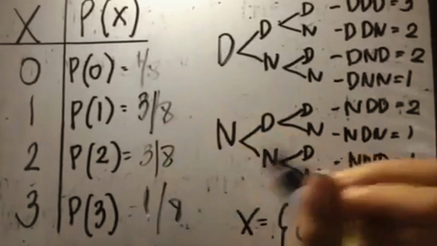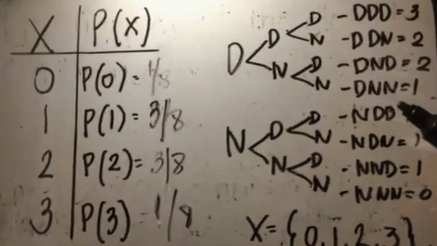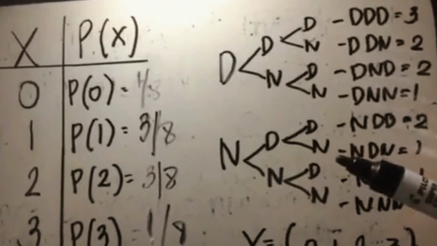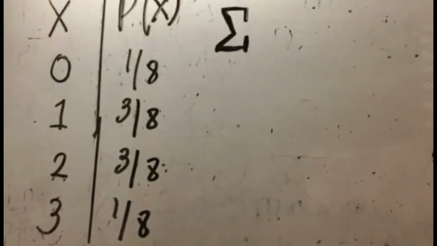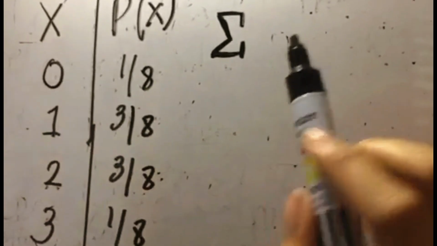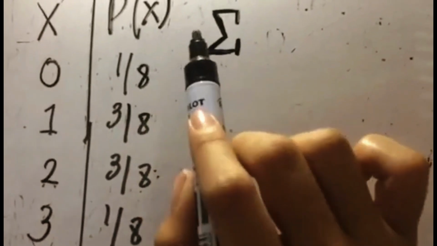The next step that we will do is solve the summation to prove if it's a probability distribution.